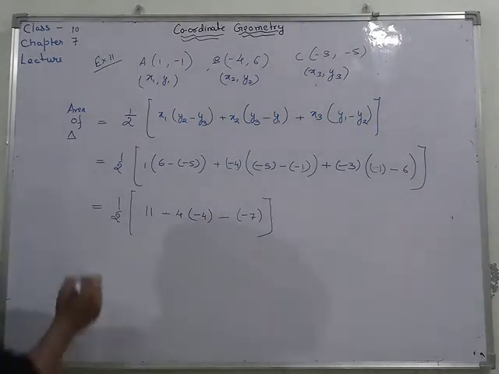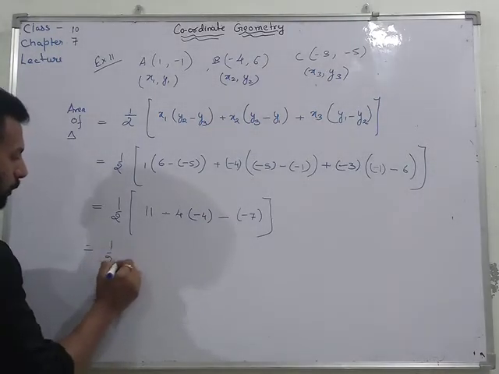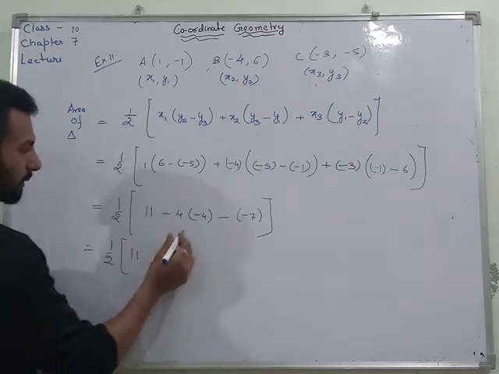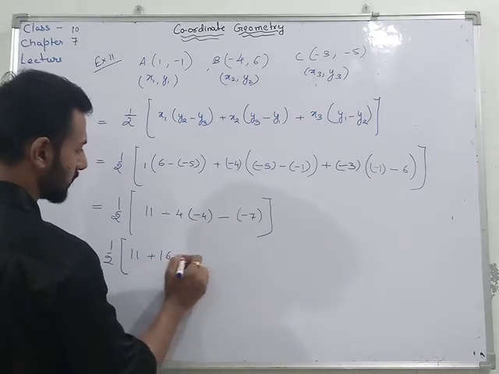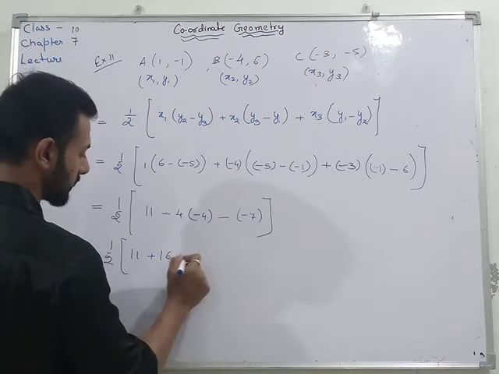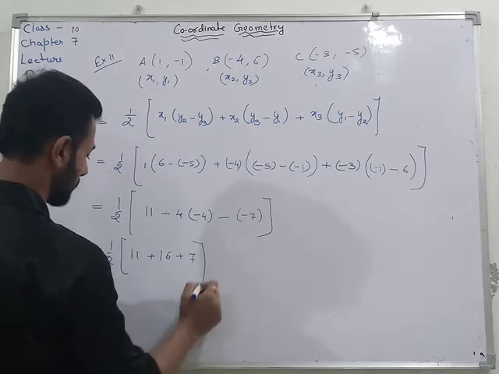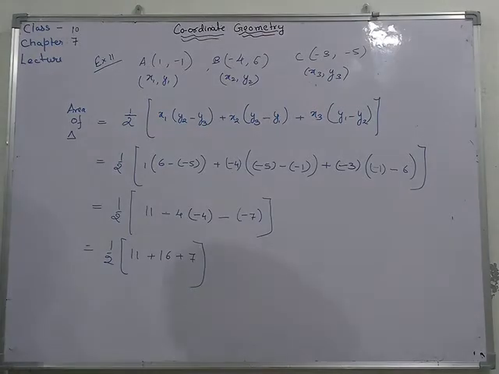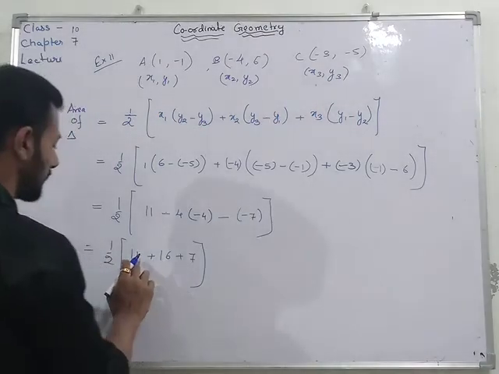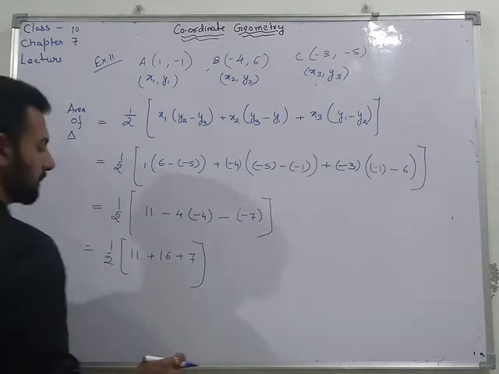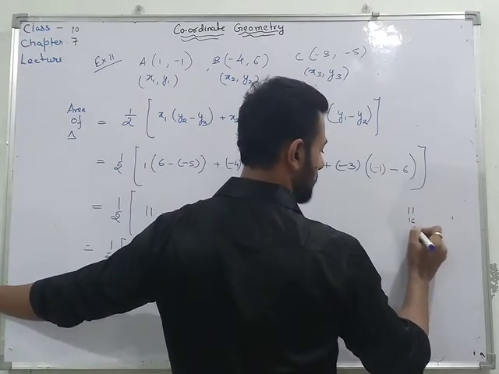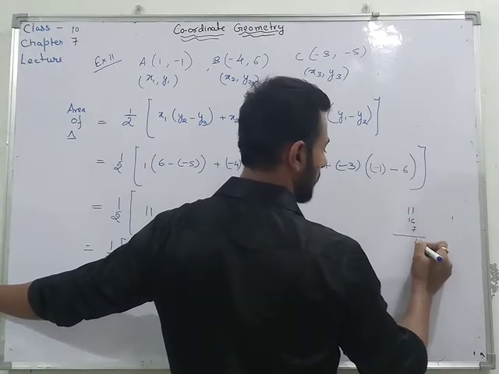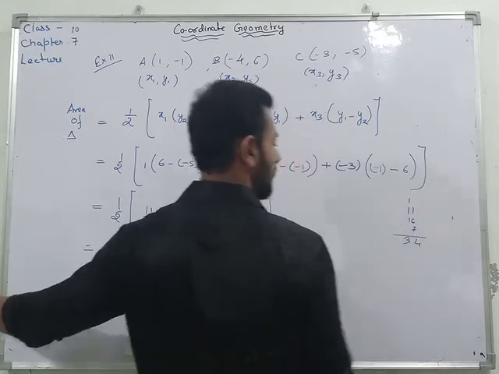Solving this, we get 1 by 2, 11 minus into minus plus 4 into 4 is 16, minus into minus plus 7. Now solving this: 11 plus 16 plus 7, 7 and 7 is 14, which gives 34.